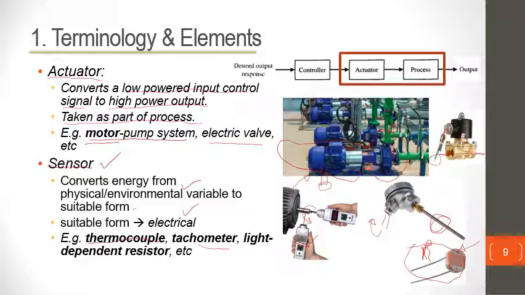All of these sensors are able to convert the energy from a physical or environmental variable into a suitable form. These ones are converted into electrical energy. This one is converted into some form of resistance, which, if you pass current through it, can be electrical energy as well.